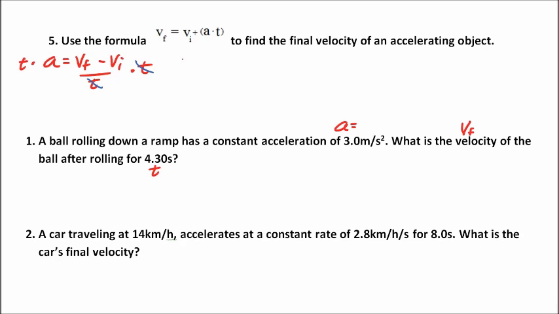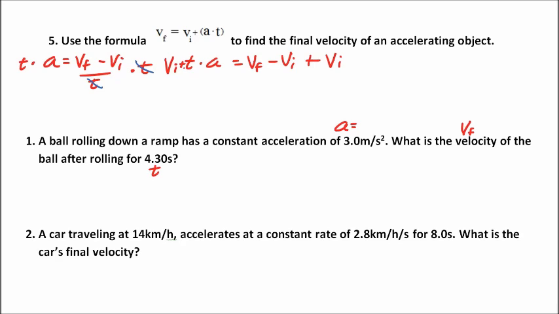Our equation now says time times acceleration equals final velocity minus initial velocity. So now we want to get rid of the initial velocity here and just leave final velocity, because we're going to be looking for the final velocity. So the opposite of subtraction is addition, so I'm going to add the initial velocity to this, and I'm going to add the initial velocity over here.